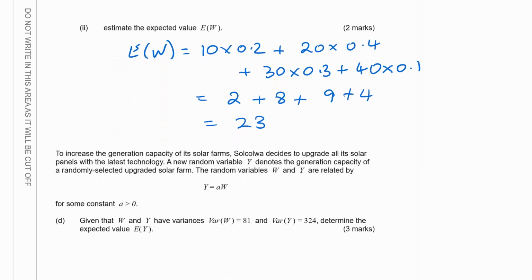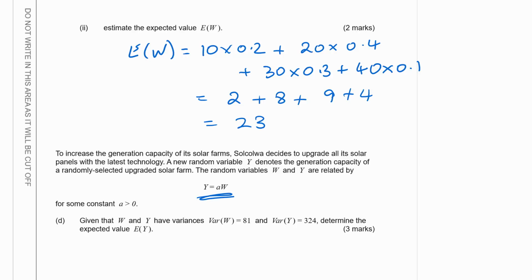To increase the generation capacity of its solar farms, what they do is upgrade all the solar panels with the latest technology. A new random variable Y denotes the generation capacity of a randomly selected upgraded solar farm. The random variables W and Y are related by Y is equal to AW for some constant A, which we're going to need to find.